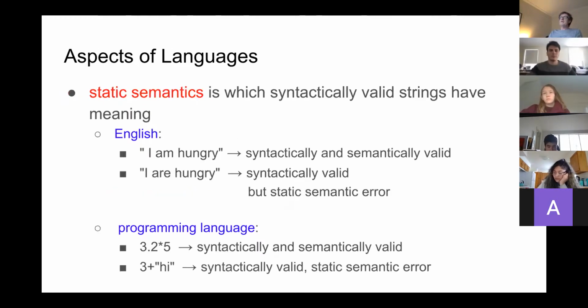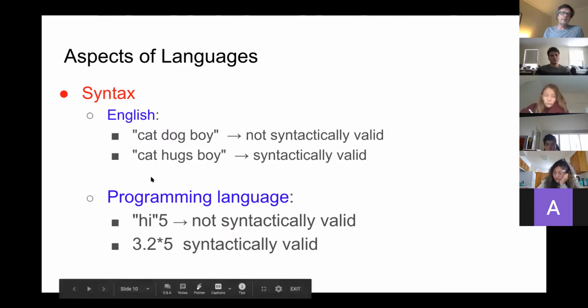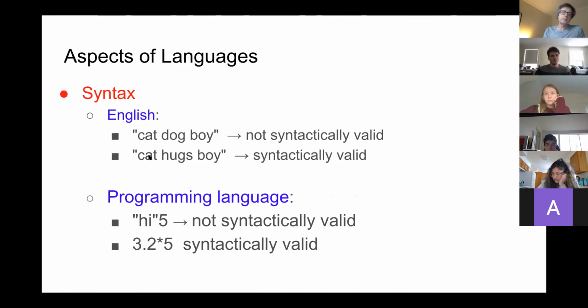Now, it turns out there's another aspect of language that I mentioned earlier called semantics. And semantics is about what a language means, right? So we know that this is syntactically correct, not because we use the word hug and cat and boy, but because the right sorts of things, nouns and verbs, are used in the right order, right?